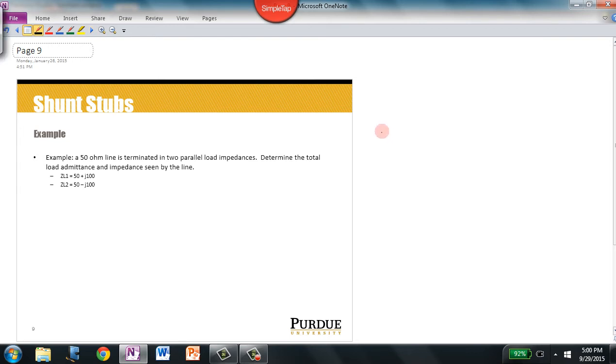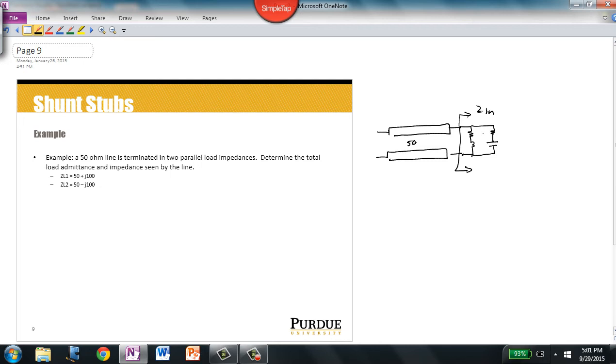So what this is saying is we've just got 50 ohms, terminated in a load that is 50 plus j100, and then in parallel with that is 50 minus j100. What we want to know is, what's the total input impedance of the load there?